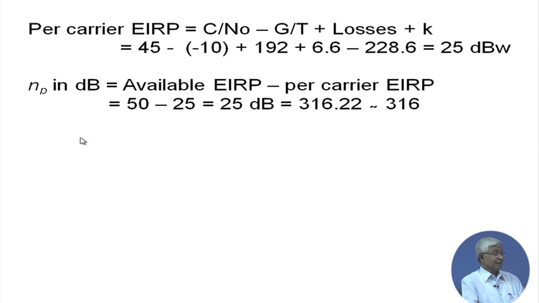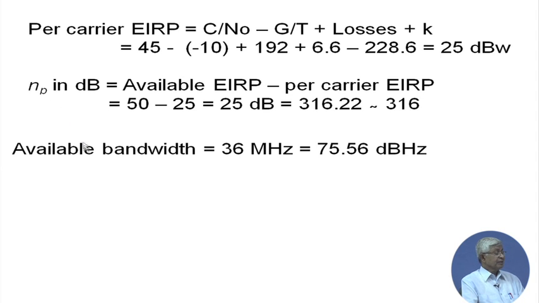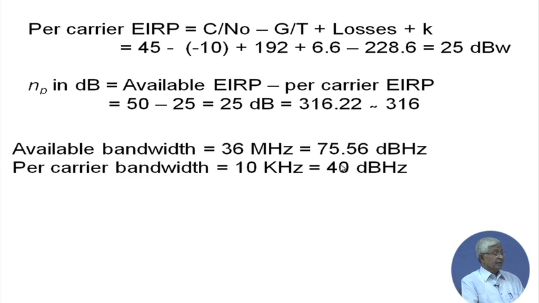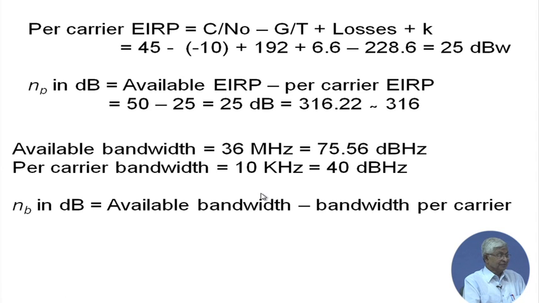Let us look at it from the bandwidth side. It is very easy, because the total bandwidth is already given, 36 megahertz. You can convert into dBHz, and the individual carrier bandwidth is given as 10 kilohertz, 40 dBHz. You can do it in dBHz and subtract and come back to the number, or you can straightaway divide 36 megahertz by 10 kilohertz, whichever way is easy for you.